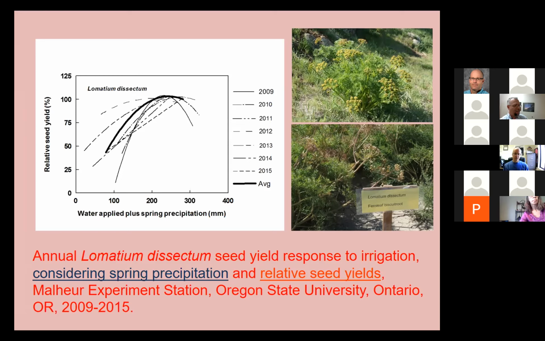We never did get them to respond to irrigation. The lomatiums usually respond pretty well to irrigation with increased yields. So there's a whole range of variability in how these respond.